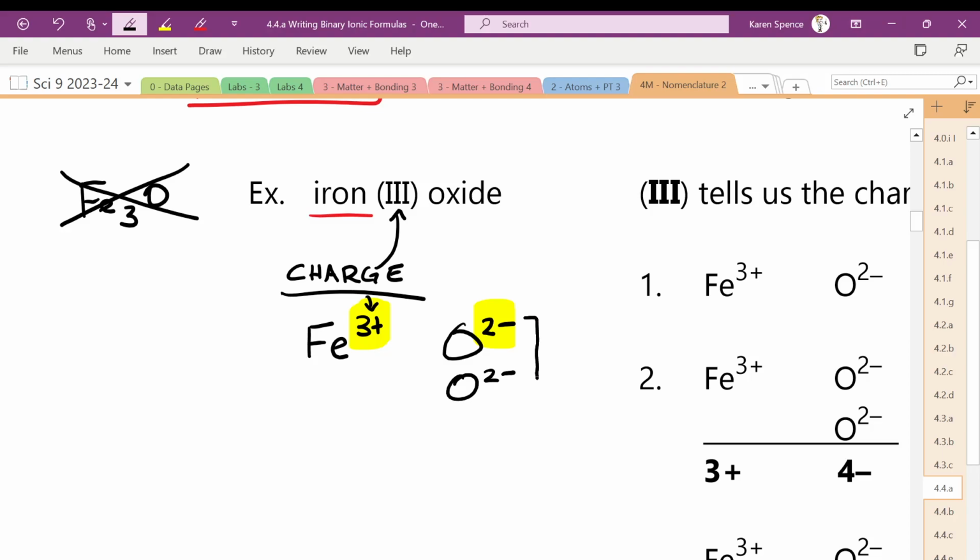What is our total negative charge now? -4. Okay, 2 and 2 makes 4. Are our charges equal now? No. Now we need to add some more positive.